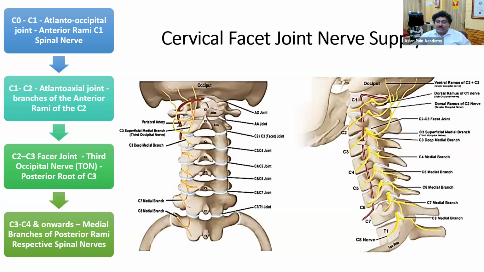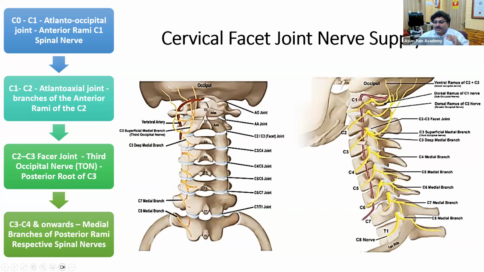Like in all areas of the spine, they are supplied by the medial branches. The first branch is the anterior and posterior ramus. The posterior ramus divides into three. Now the medial branch goes posterior. In the lumbar area, it remains at the junction of the superior articular process and the transverse process. In the cervical area, it remains in between the facet joints.